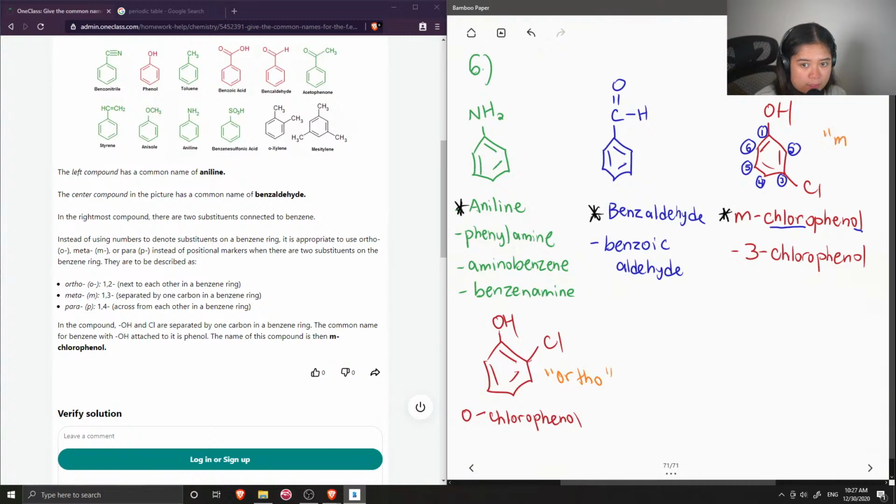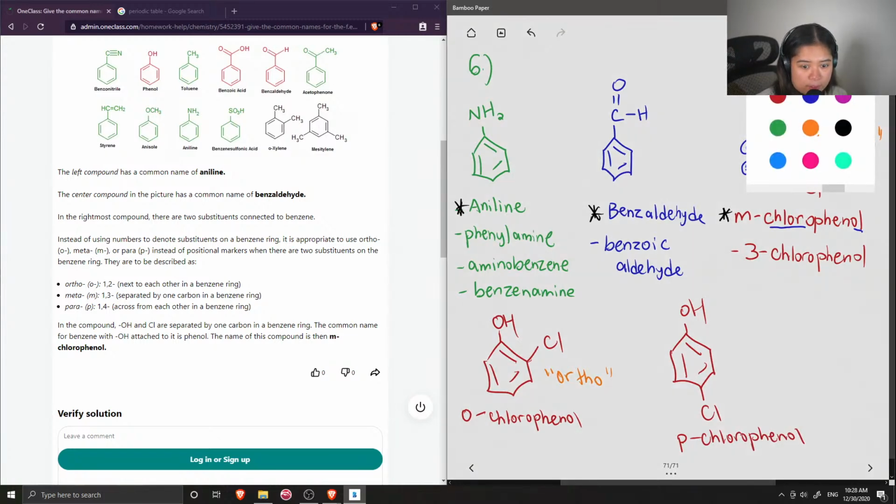This one was meta. And then I'll show para as well, just to complete the three types. And this would be considered para.